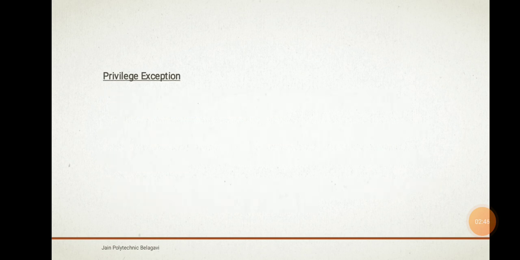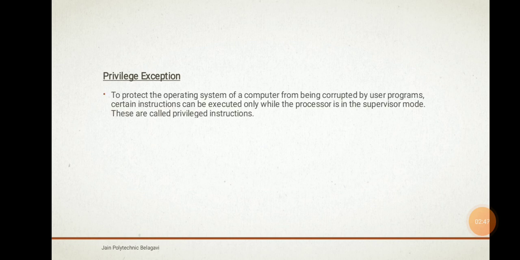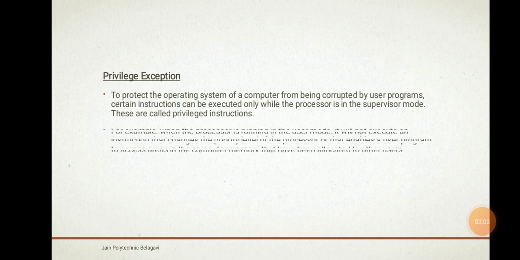Next we'll go to privilege exception. To protect the operating system of a computer from being corrupted by a user program, certain instructions can be executed only while the processor is in supervisor mode. These are called privileged instructions.